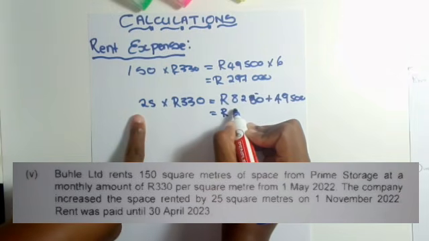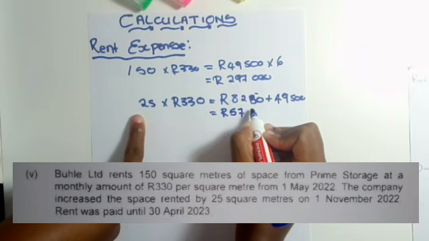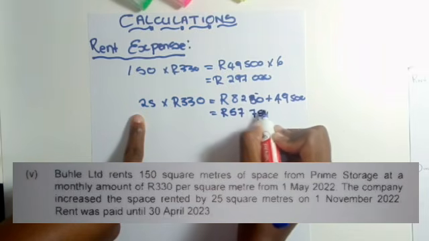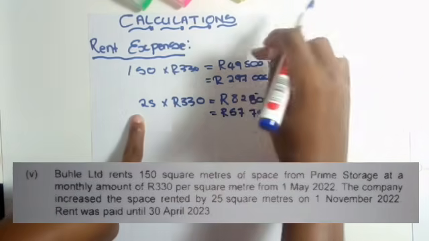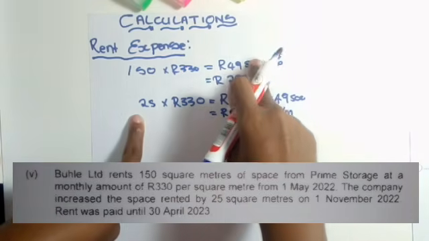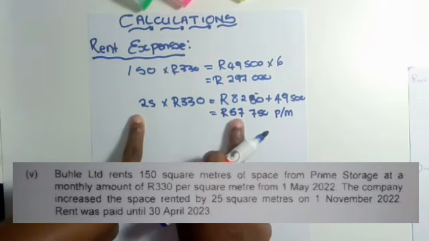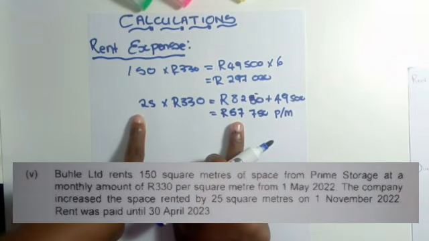The total amount that I have been paying per month was now increased to 57,750. This is what I was paying per month before increase. This is what I was paying per month now after increase.